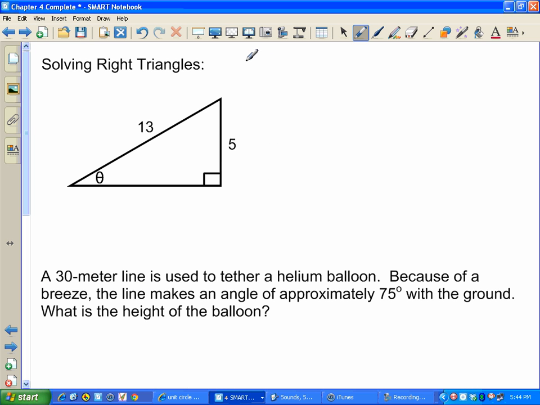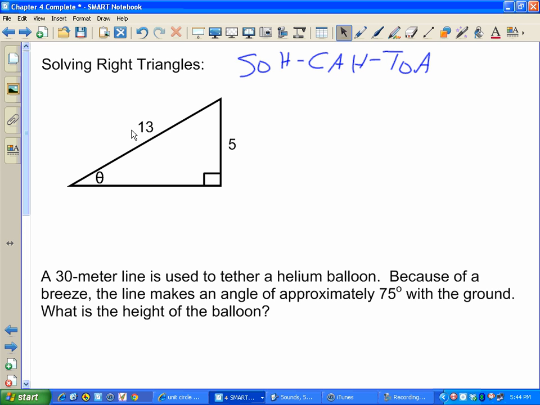We can also solve right triangles using SOHCAHTOA. So if I want to find out this missing side here, I could use the Pythagorean theorem to find the missing side.